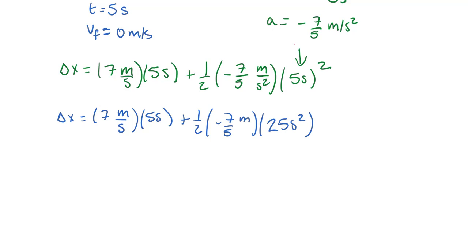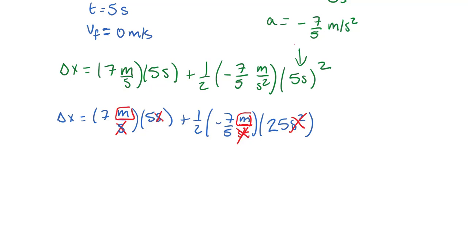Now let's go ahead and deal with our units real quick. This is kind of cool. Seconds can cross out because when we multiply, seconds over seconds is just 1. Then we have seconds squared, and then this is seconds squared, so this crosses out. So we're left with just meters, which is exactly what we want, because the change in x is going to be in meters.